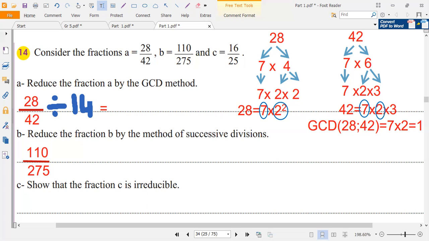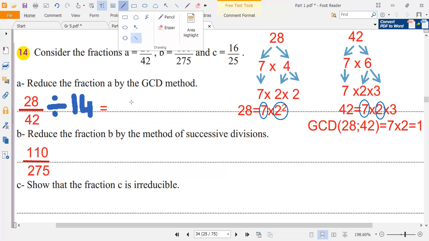Now we have to divide the fraction by 14, 28 divided by 14 and 42 divided by 14. We can know the answer directly from this decomposed form.